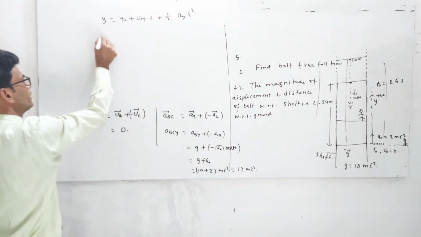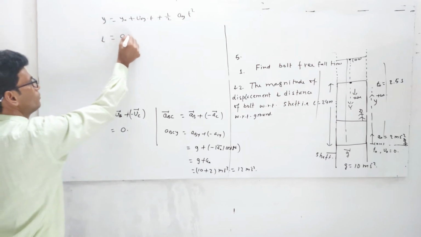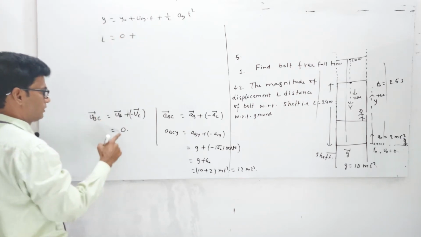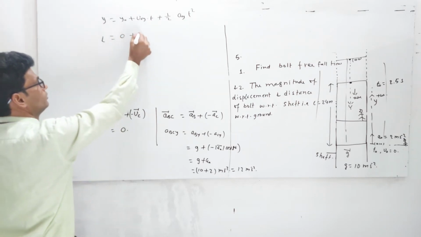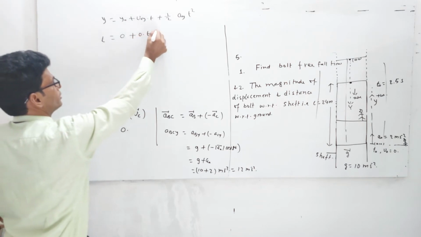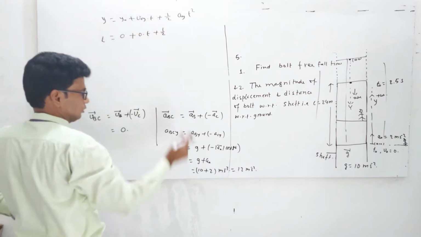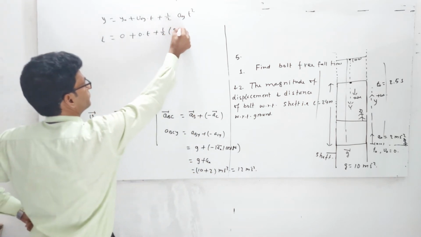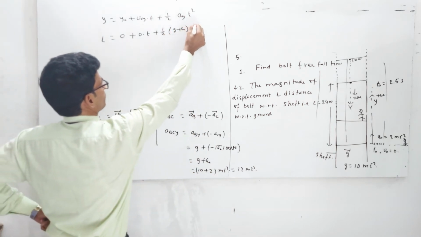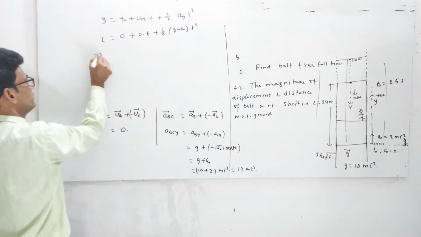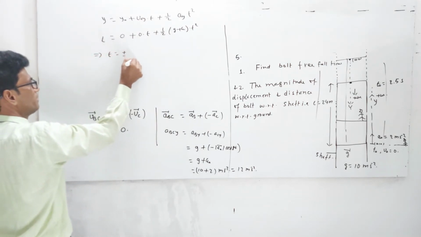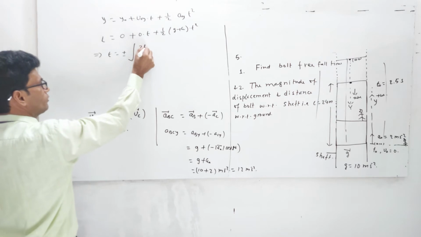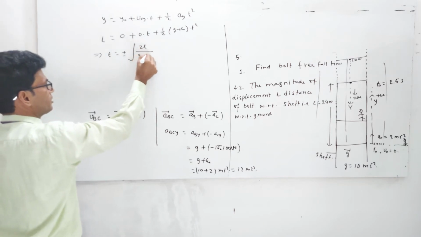Here y is L, y naught is 0, v naught y is 0, and a_y is g plus a naught. So t is equal to plus or minus the square root of twice L over g plus a naught.